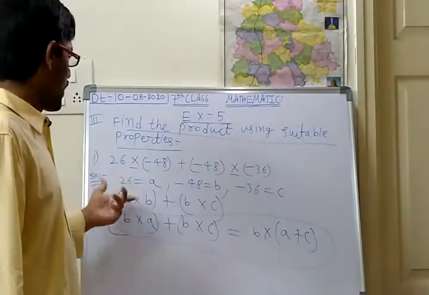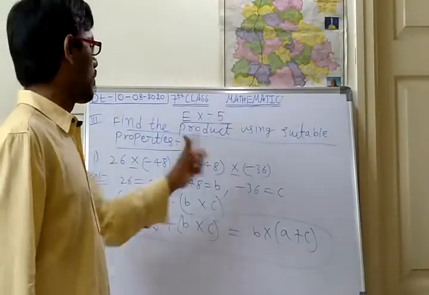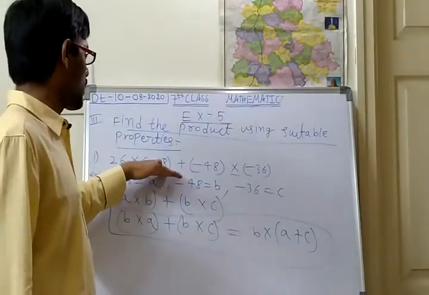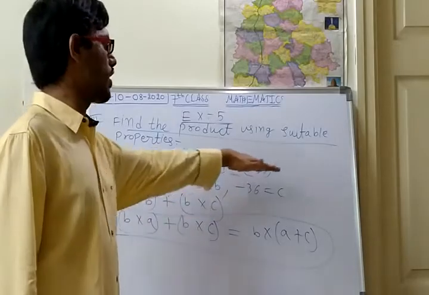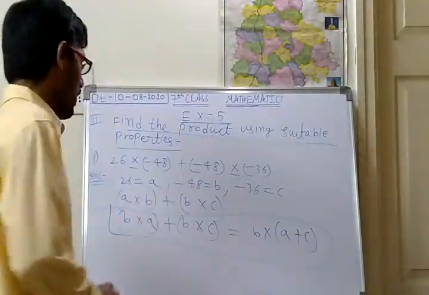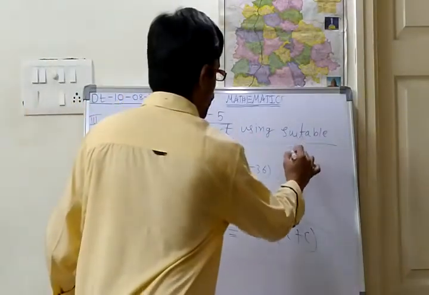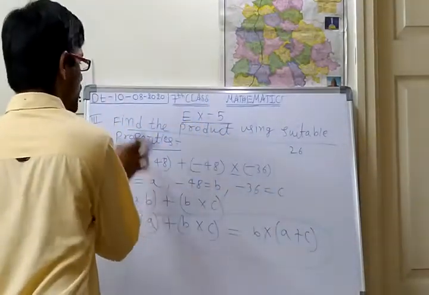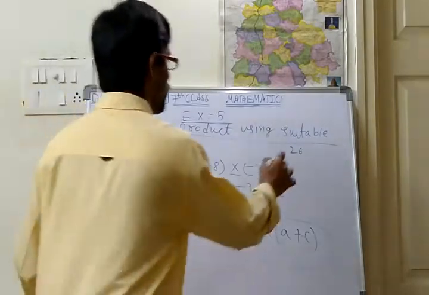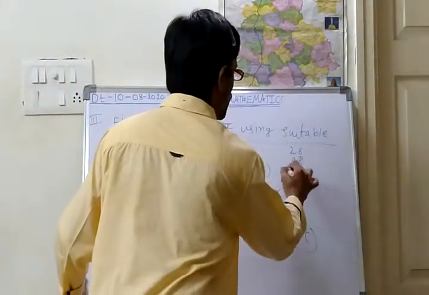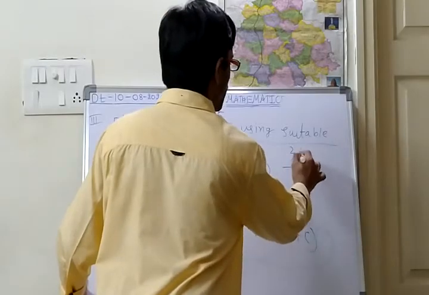Next we have to do the product. So 26 into -48 plus -48 into -36, we have to find out the product after this. First, 26 into 48 we have to do. Multiplication of two digit numbers is very important.